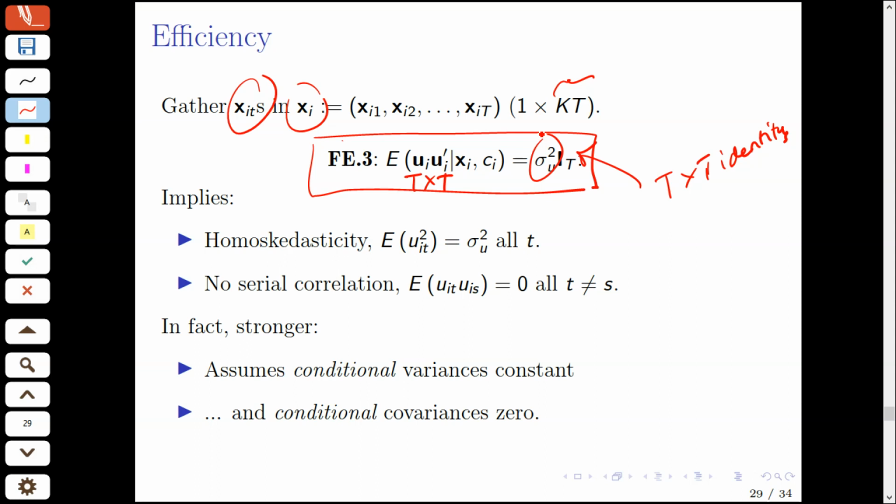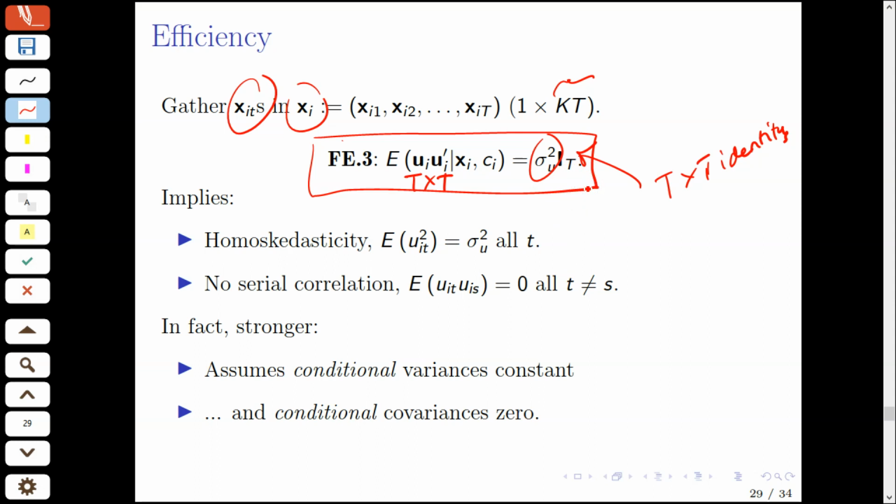Well, it captures certainly homoscedasticity in the sense that the u_it across time have the same variance as represented by the diagonal of the above matrix. It also means that they are serially uncorrelated, that is, that there's no serial correlation, in that the off-diagonal terms of this matrix are all 0.